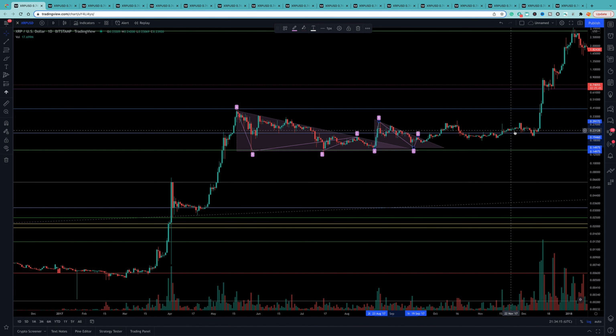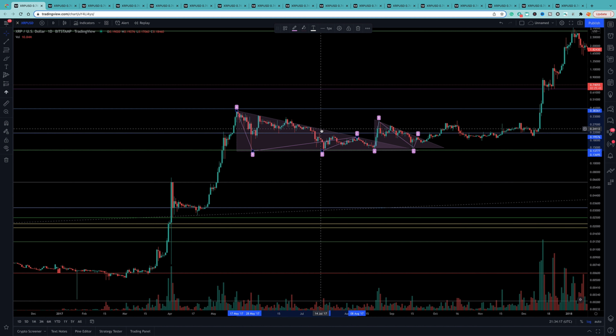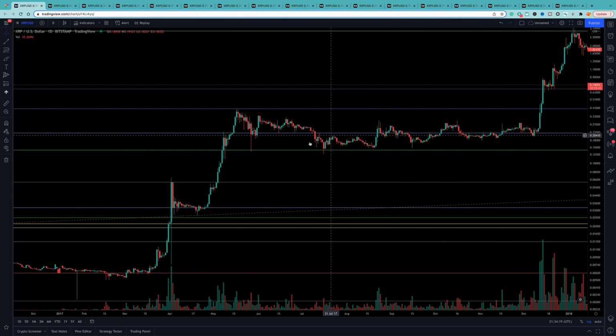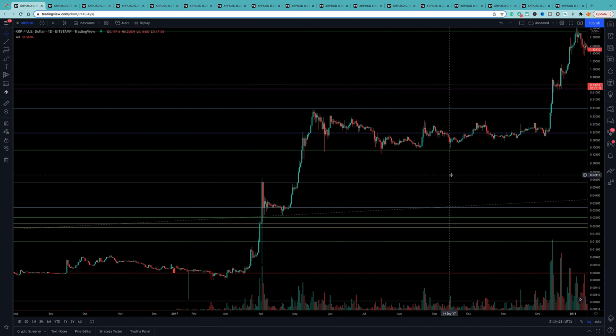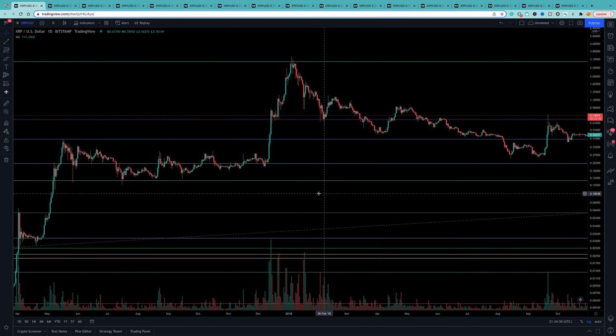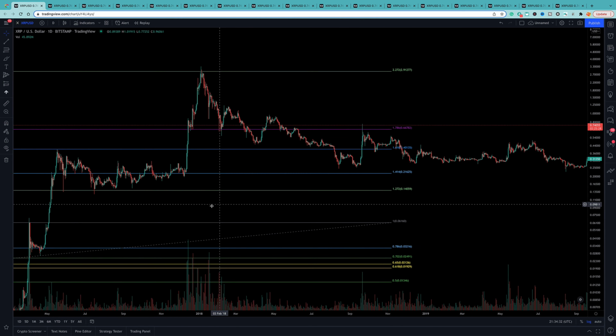Small one there, and on and on and on. But when we hit the second leg, again we can expect this. Now we're not saying that we can expect it for 5 months, but we can expect that it's going to go sideways.